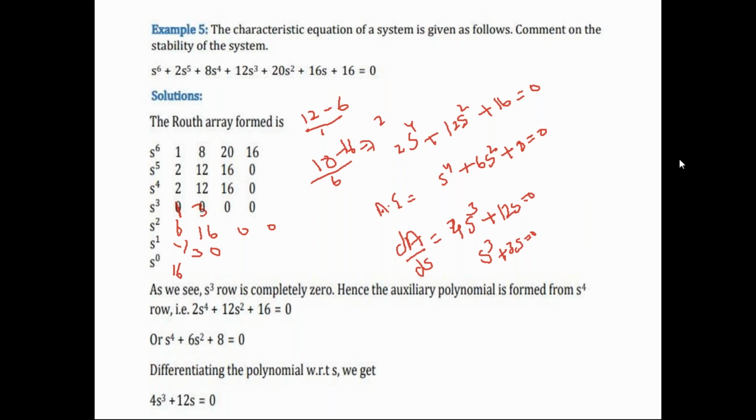Right, so it is a stable system. Why? Because if you observe the first column, there is no sign change. So that's why it is stable.